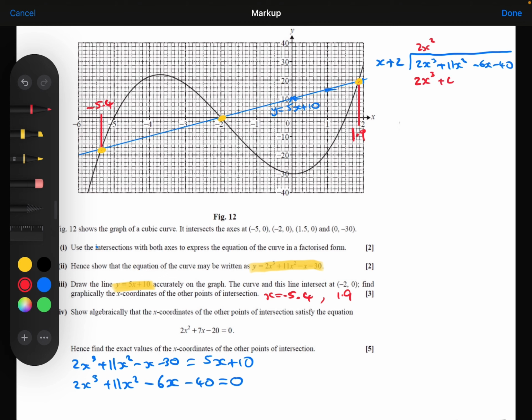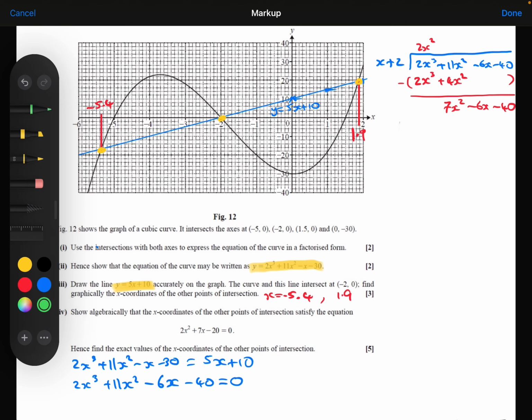The 2x squared times the 2 is 4x squared, and we'll take that away. 2x cubed take away 2x cubed is 0. The 11x squared take away the 4x squared is 7x squared. The minus 6x take away nothing is minus 6x. The minus 40 take away nothing is minus 40.